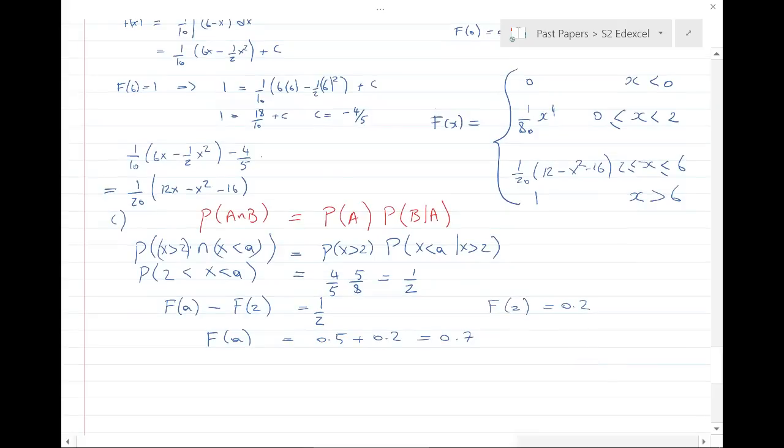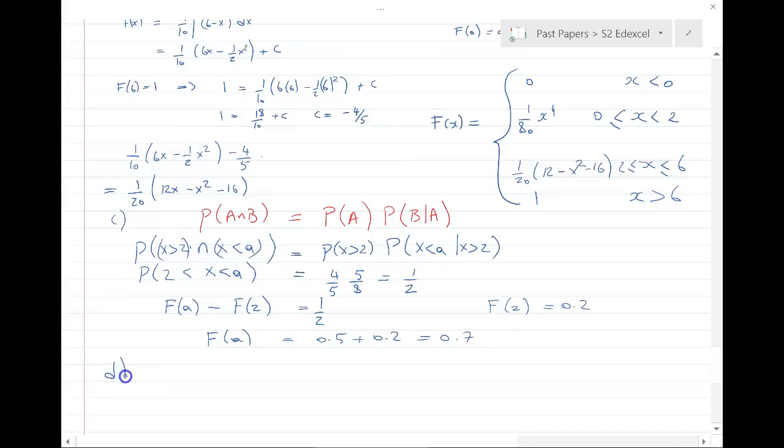That seemed quite a lot of work for 2 marks, but the mark scheme just writes it as though somehow we would be able to chunk it together. I must admit, working through it myself, I wasn't able to, and I had to revert back to this conditional probability rule.